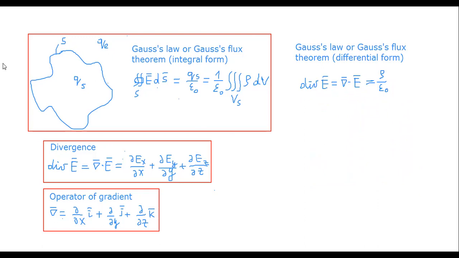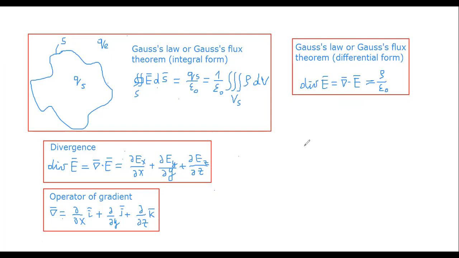The integral form of Gauss law is useful when we want to calculate the electric field intensity produced by a known system of electric charges.